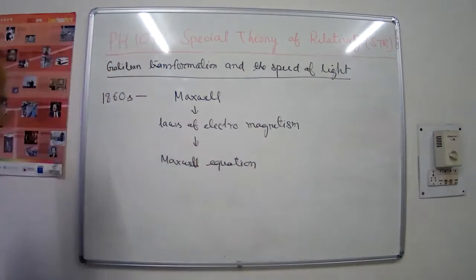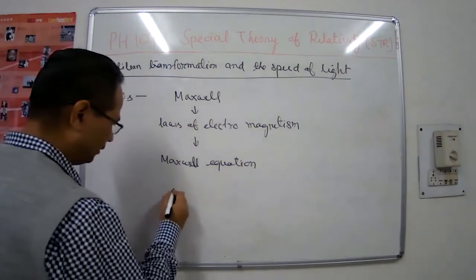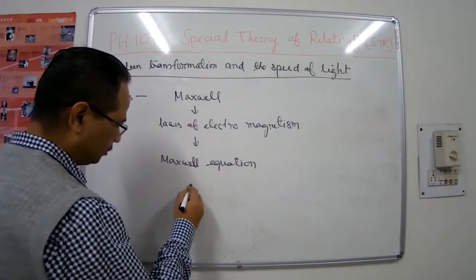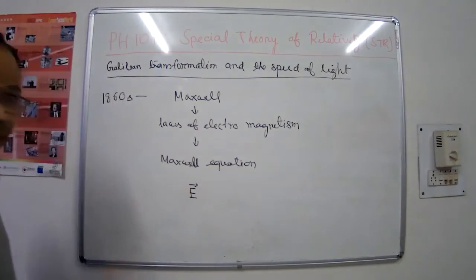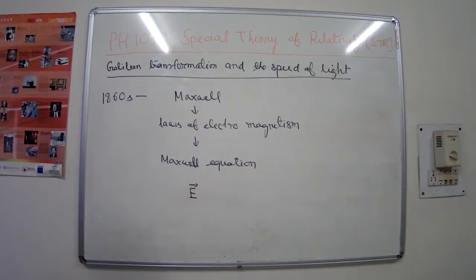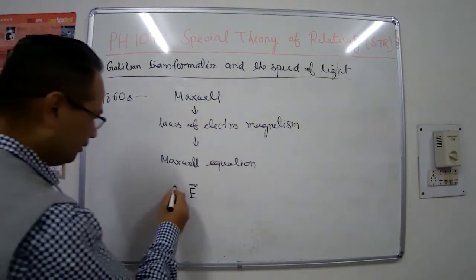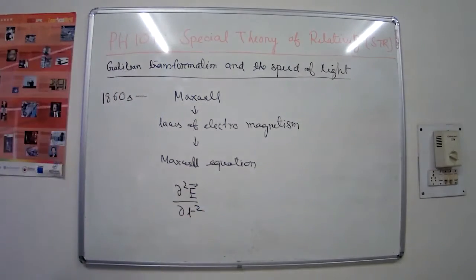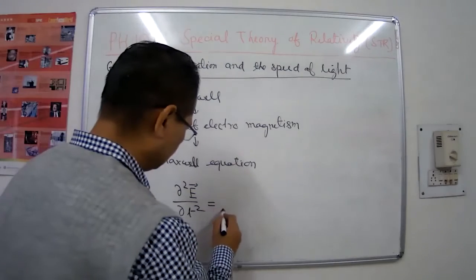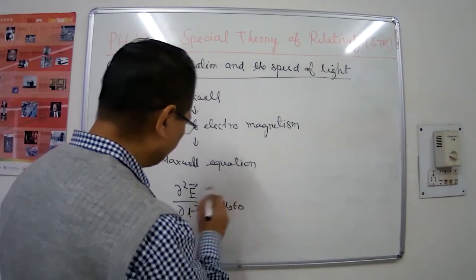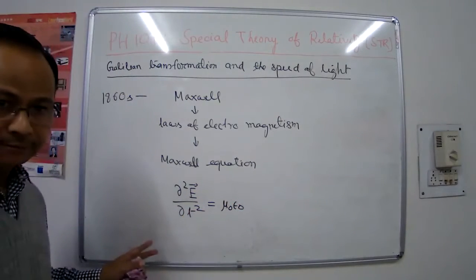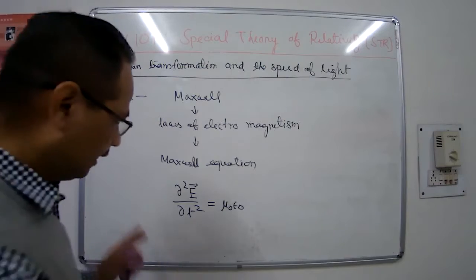Actually, there are 4 Maxwell equations, but if you combine these 4 equations, you will find that if I consider the electric field in a certain frame of reference to be E, then the second time derivative of E is expressed as follows. I am considering that the frame of reference is in free space, so there is nothing, it is vacuum.